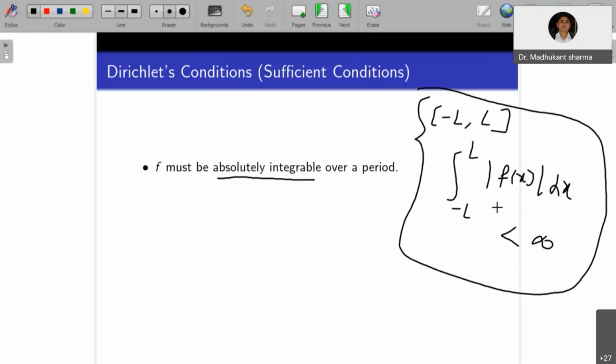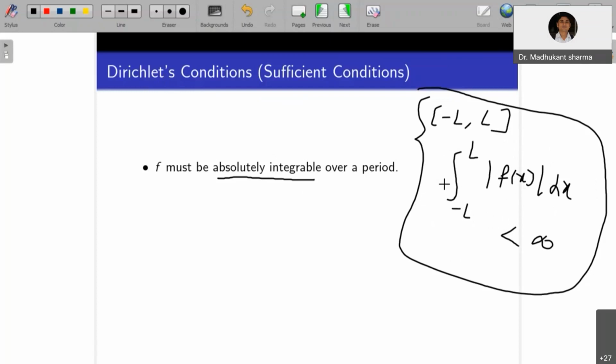It may be an improper integral, but it may converge or diverge. If it diverges, then this Dirichlet condition will not be satisfied. So it should converge absolutely, that is, the integral should have a finite value.